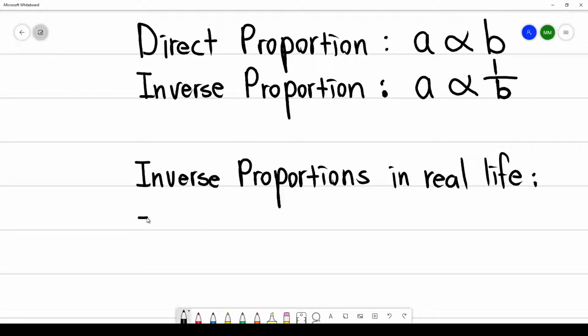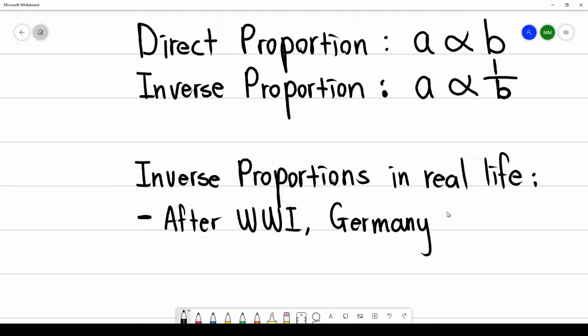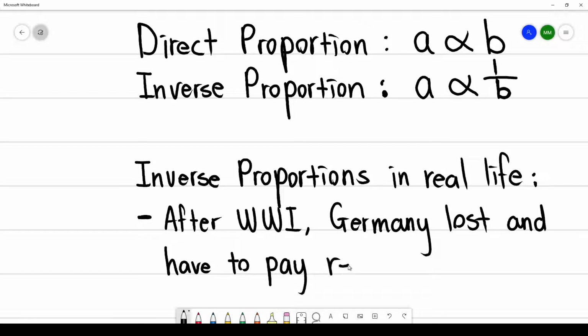One example, I don't know if you guys have studied history, but after World War I, Germany lost and had to pay reparations.